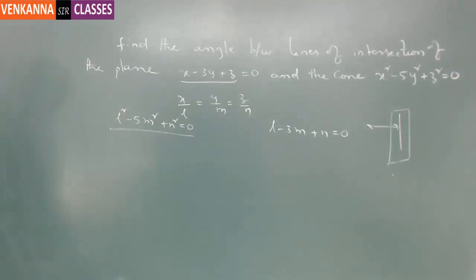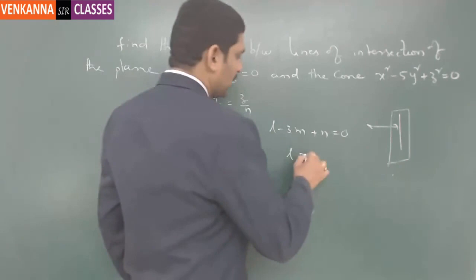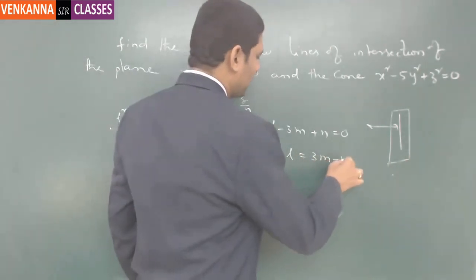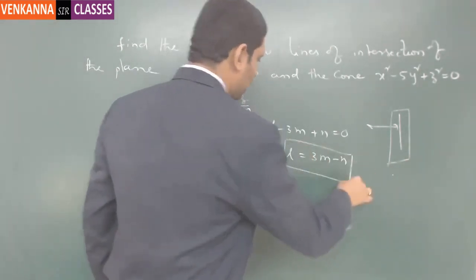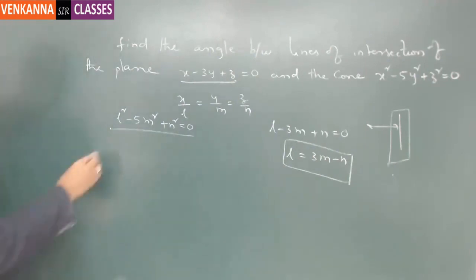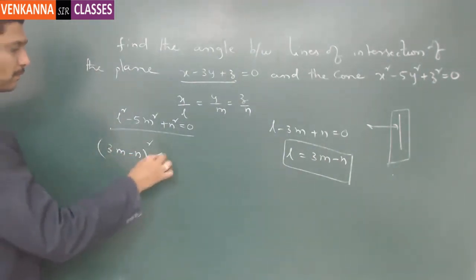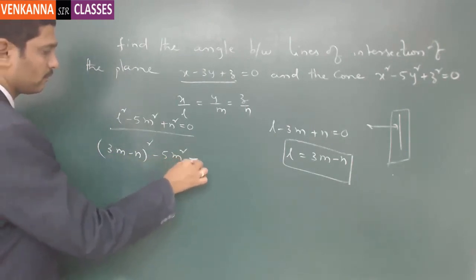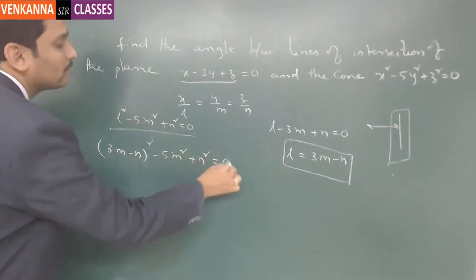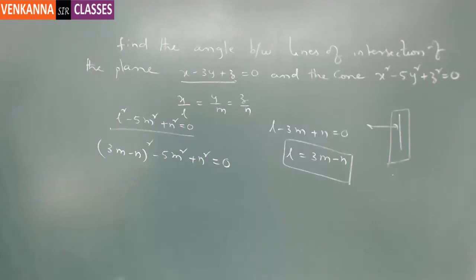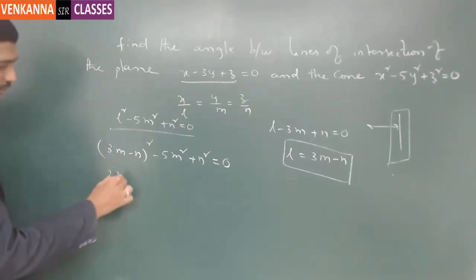Now from that you can say l equals 3m minus n. Now let us substitute this value here. Simplifying that, you will get the equation.